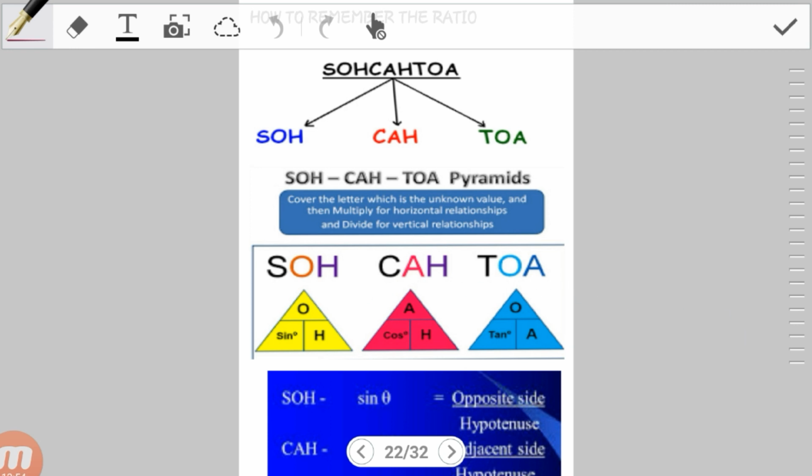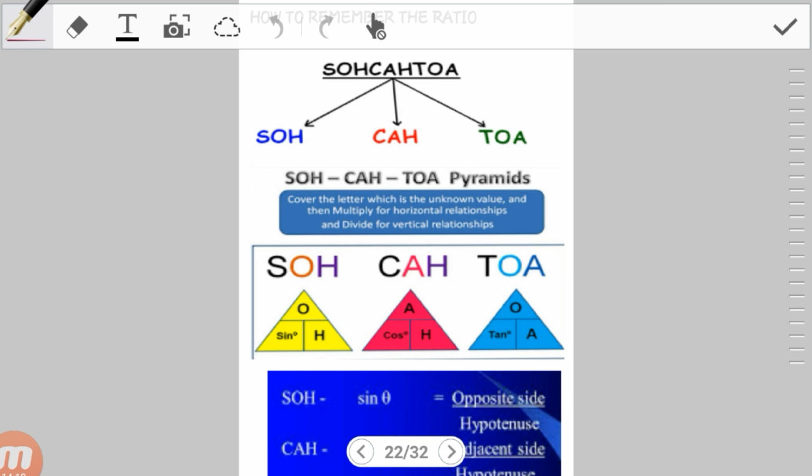All right, I won't be going through the use of the pyramid, but just as a quick intro, to use the SOH CAH TOA pyramid, you cover the letter which is the unknown value. So if the opposite side is the unknown value, you'll get a chance to see what needs to be multiplied or what needs to be divided.